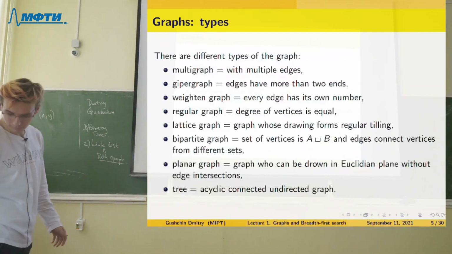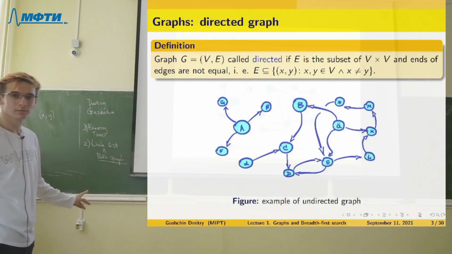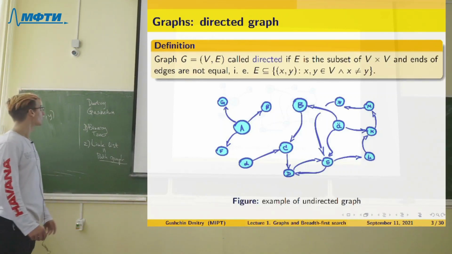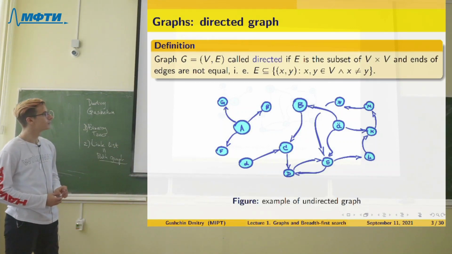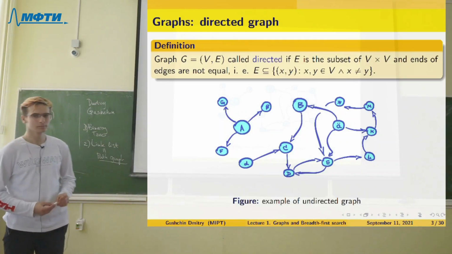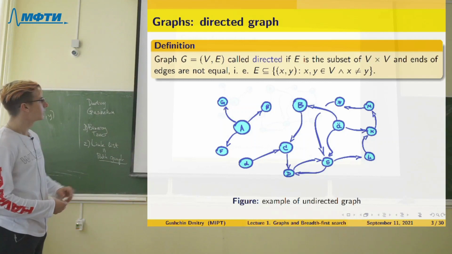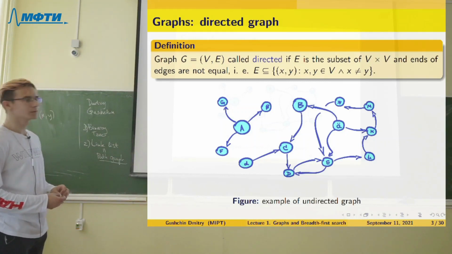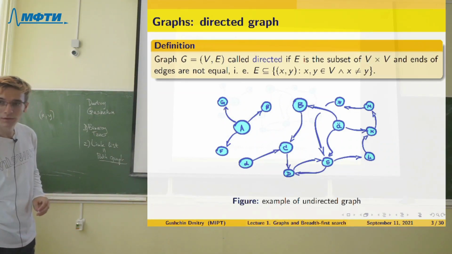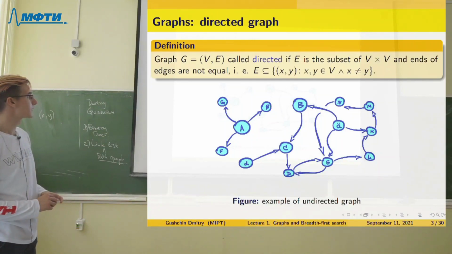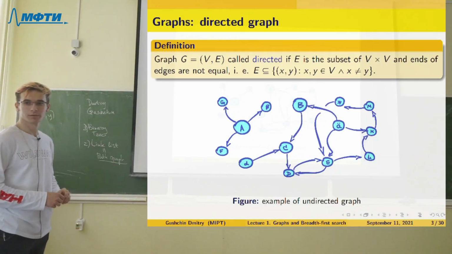Can you go back to the first definition? Directed, yeah. So a node can have a link to itself? As you see, x is not equal to y, and so there is no loop. X to X, yeah, there is no loop in the set of edges because x is not equal to y. You see?